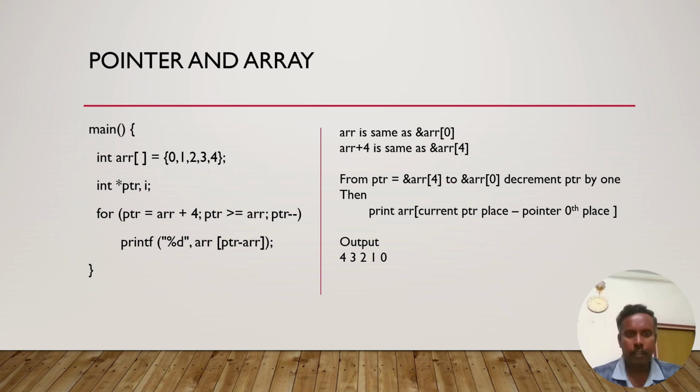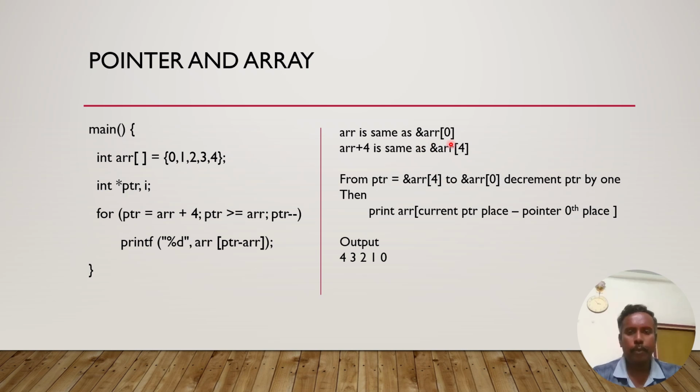Now we will see another example of pointer and array. So this is another array, an array which has elements 0, 1, 2, 3, 4, and there is a pointer PTR. What we are trying to explain in this slide is ARR. If you represent an array as ARR, it is the same as the address of ARR of 0.